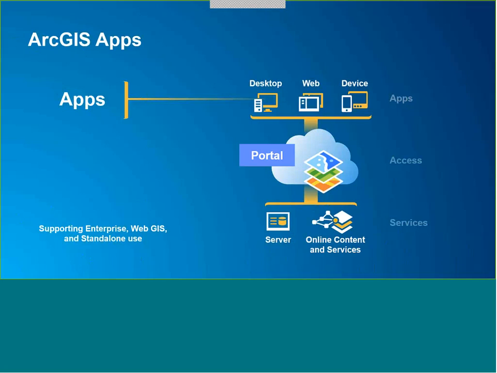Then we have something called Portal for ArcGIS, which helps you create your web apps, and it also helps you create your web applications, and once those are created, they can be accessed through your desktop, web, and devices.